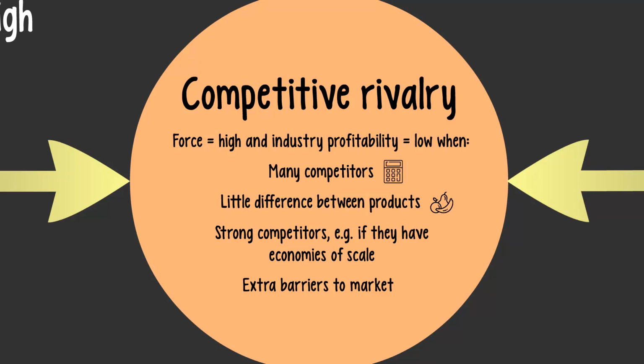Now if there are high costs to leaving a market, it's likely that competitors that would otherwise leave are going to stay because it costs too much to leave. And that goes back into our first point, which means there'll be more competitors in the market because they can't leave. And again, that's going to increase the force but reduce the profitability of that industry.